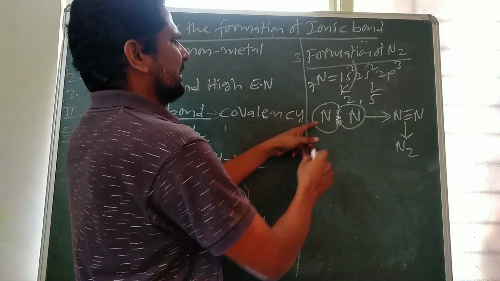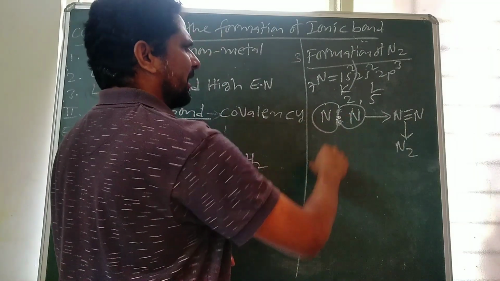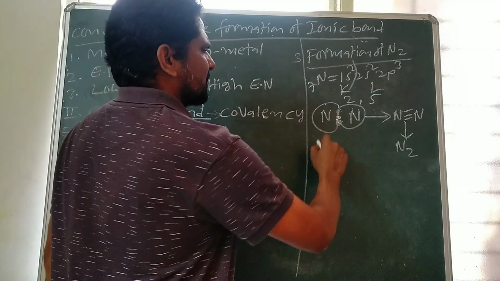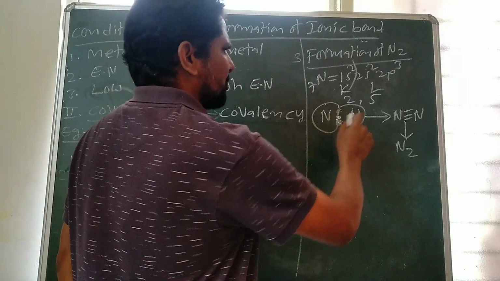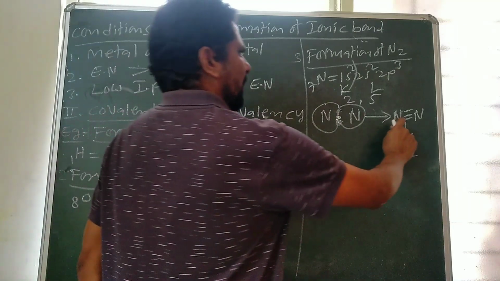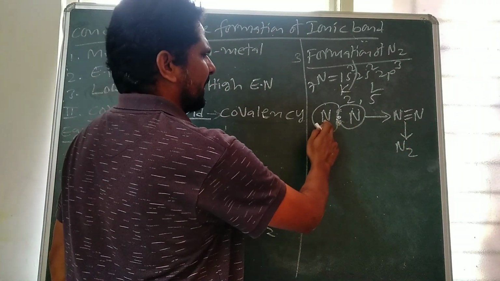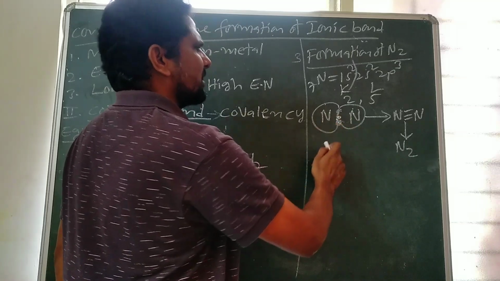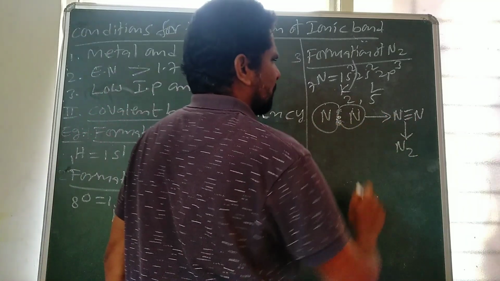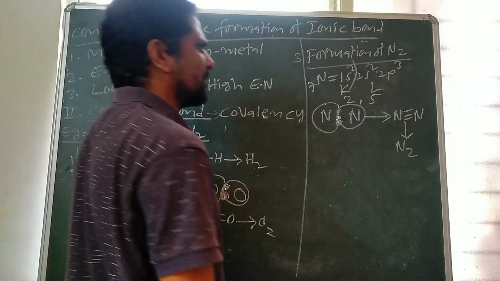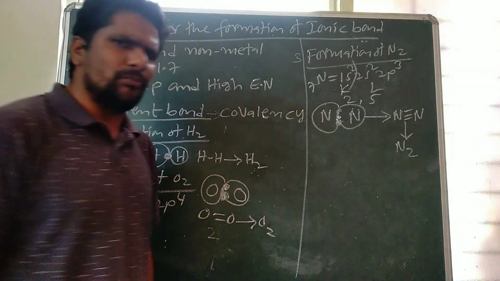Another nitrogen also needs 3 electrons. These 3 electrons are mutually shared between the 2 nitrogen atoms to form the nitrogen molecule. So a triple bond is present between 2 nitrogen atoms in a nitrogen molecule.